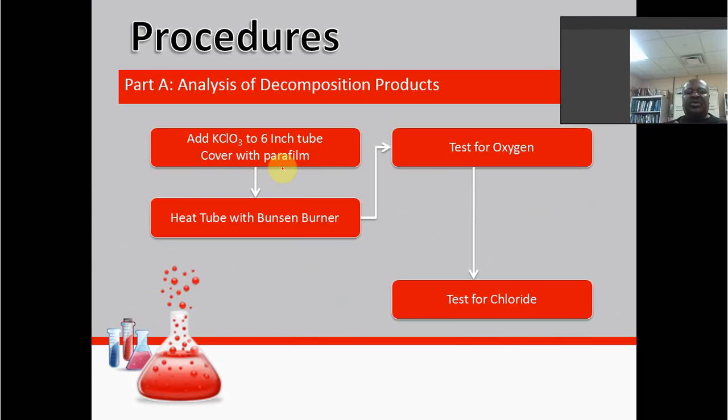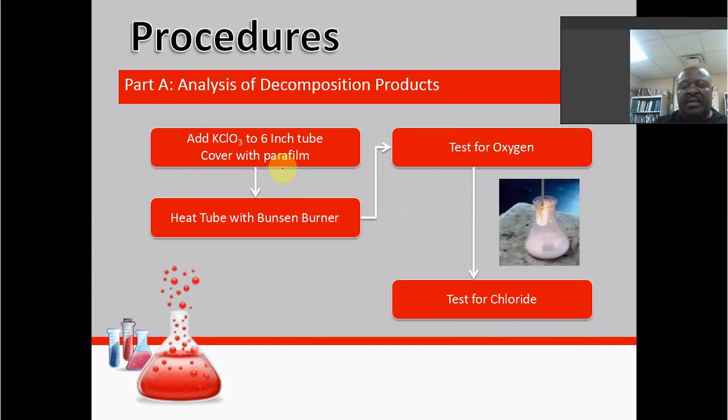This reaction we'll do in a test tube. Then we'll take the residue and test for chloride by dissolving a little of it in another test tube and adding a solution of silver nitrate, and then seeing if a precipitate is formed or not.